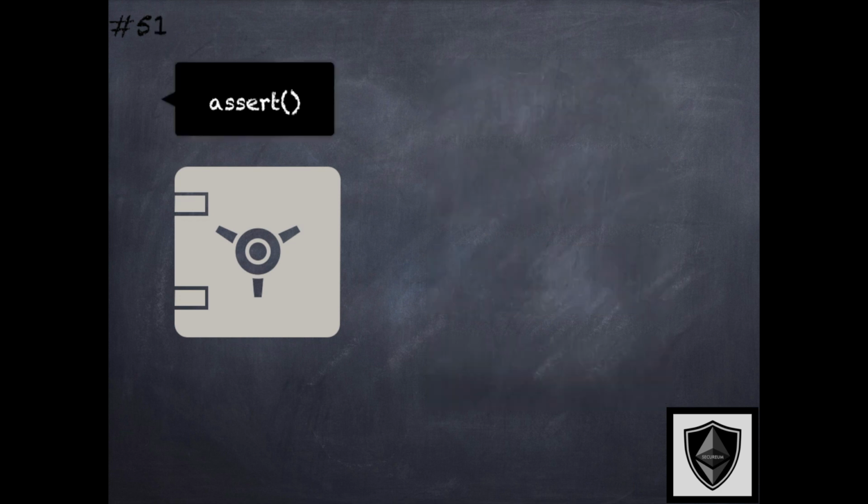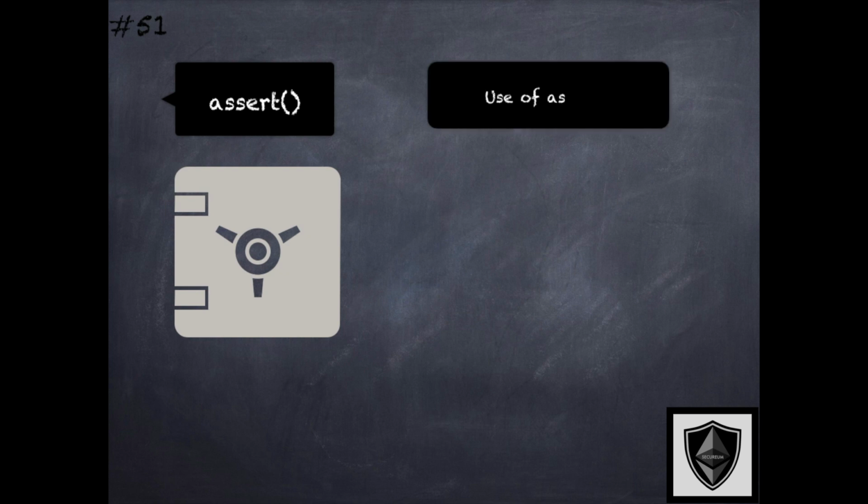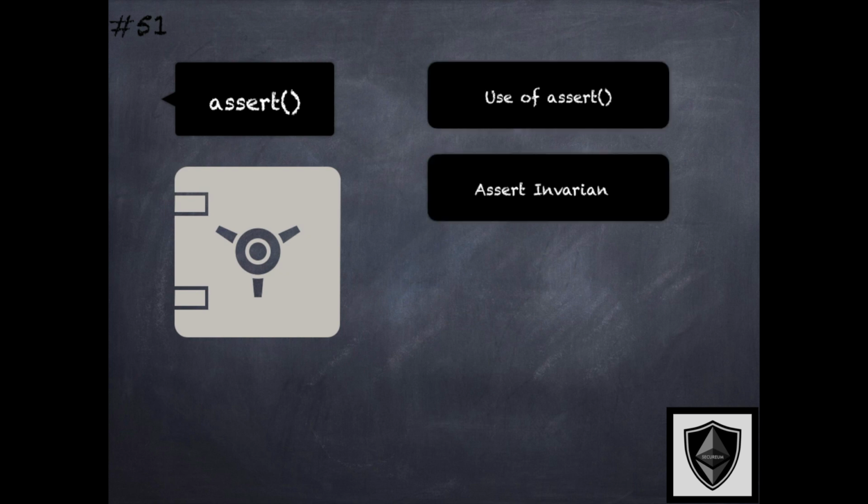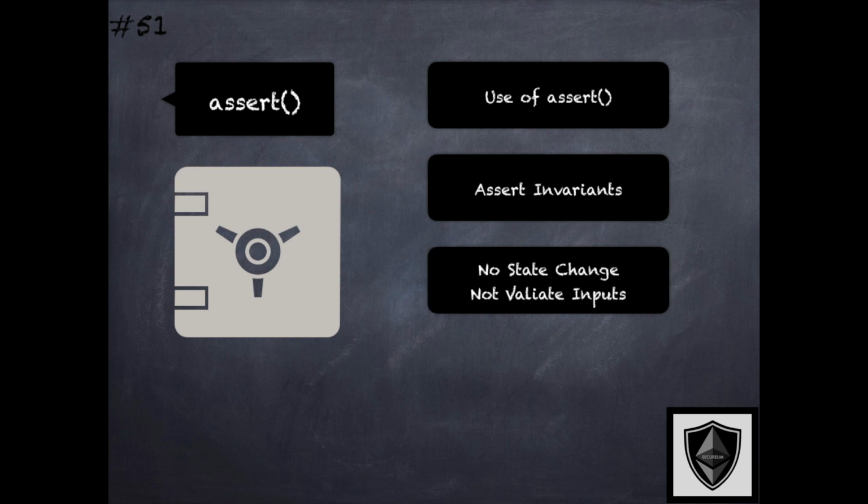This security best practice is related to the use of asserts within smart contracts. Assert should be used only to check or verify program invariants within the smart contracts. They should not be used to make any state changes within the predicates, and they should also not be used to validate any user inputs.